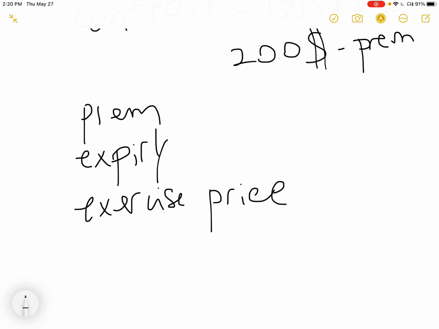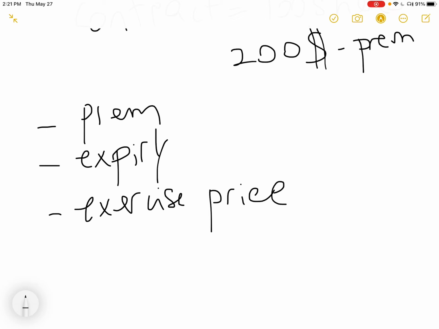These are the things you have to learn right away if you want to do anything with options. The exercise price is basically the price target you have for the company, where if it doesn't pass that exercise price, whether you're bullish or bearish, you basically have a worthless expired contract.